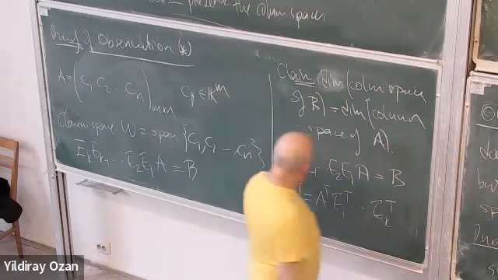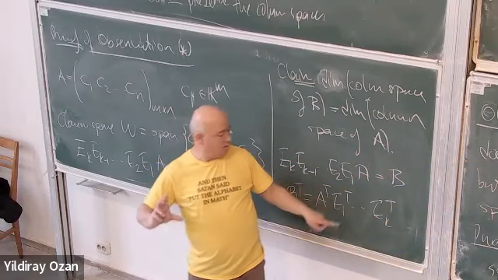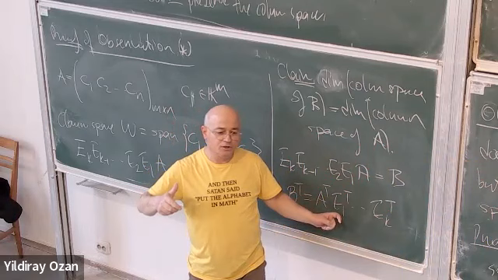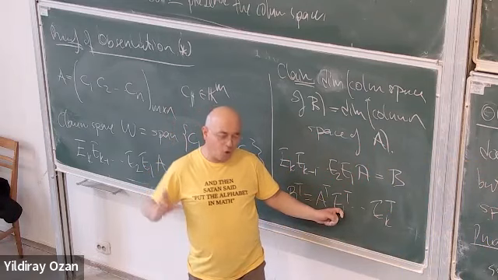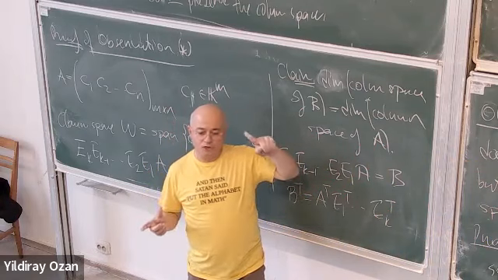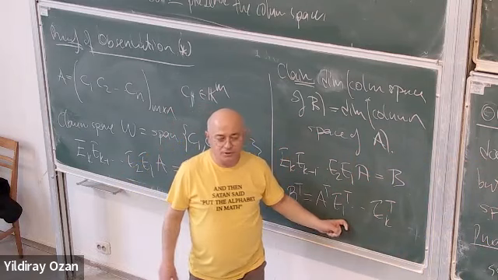So your elementary matrices, this time you take their transposes. They were row operations, but taking transpose interchanges row and column. Now these are column operations, okay?